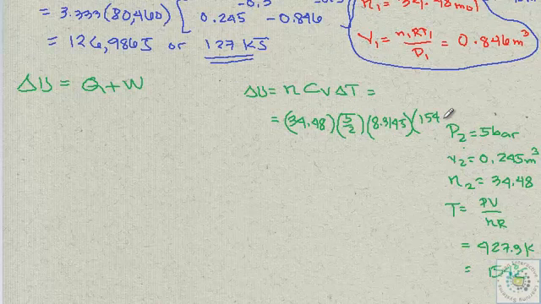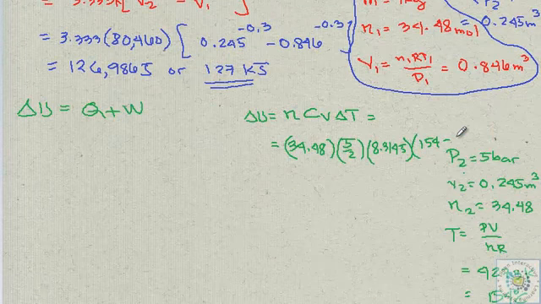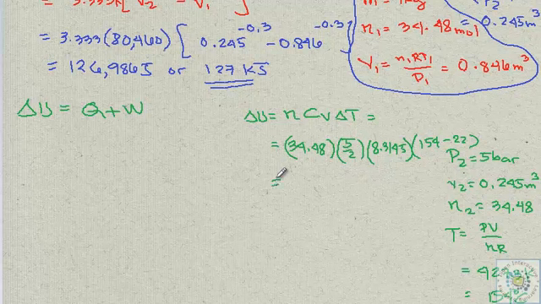I'm committing a lot of rounding off error here, but essentially we're looking only for the magnitude of the value. 154 minus the initial temp, 22 degrees Celsius. Essentially, delta U in this case will be 154 minus 22 times 8.3145 times 5 divided by 2 times 34.48.